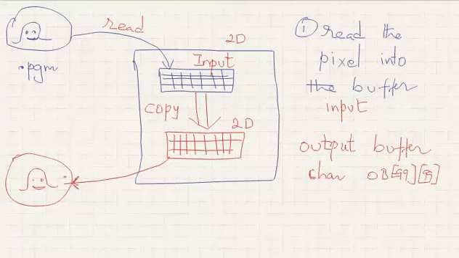So this is how image tools work. Okay, they use buffers inside, copying from one to out. Now I am going to show you the program, how it's done, so you get a picture.